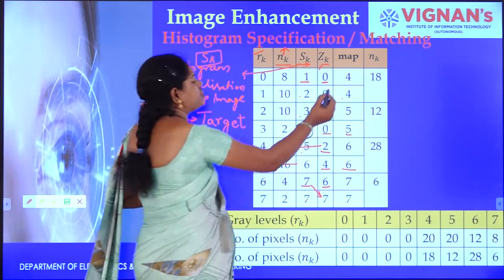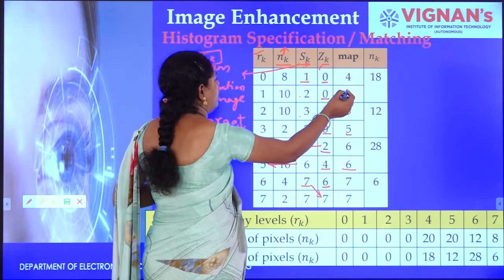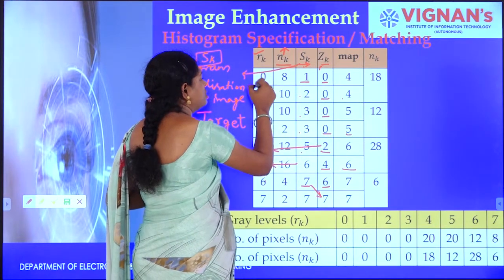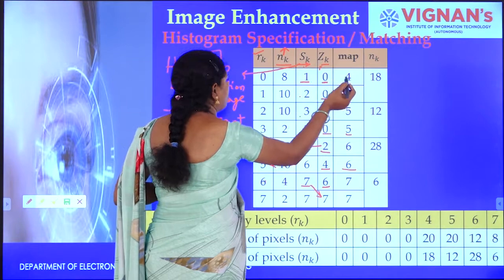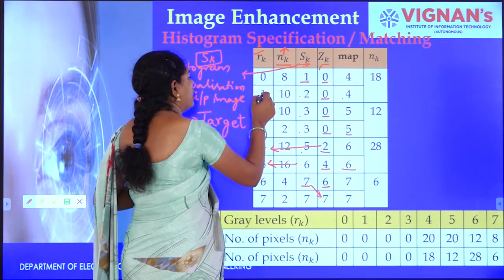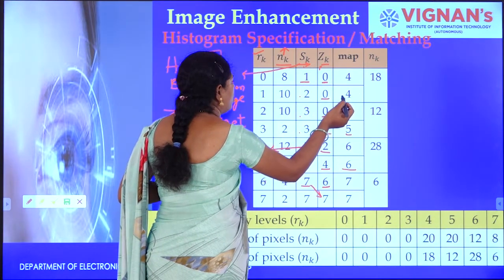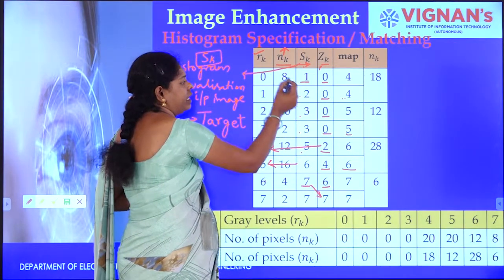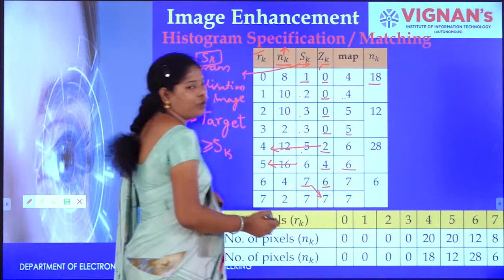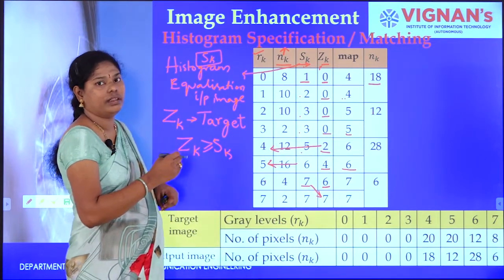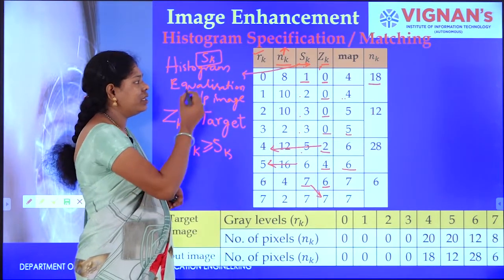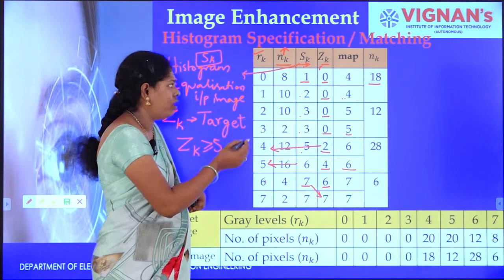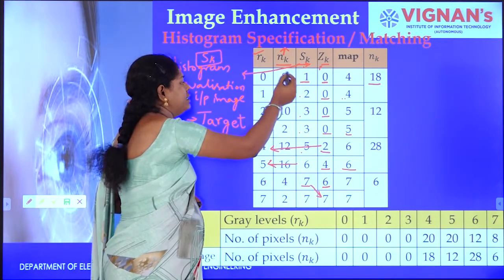Now the intensity value 0 is replaced with 4, and the intensity value 1 is replaced with 4. So in total how many times? 10 plus 8, 18. Wherever there is 0 or 1 in the image, it will be replaced with intensity value 4, and that is 18 times.